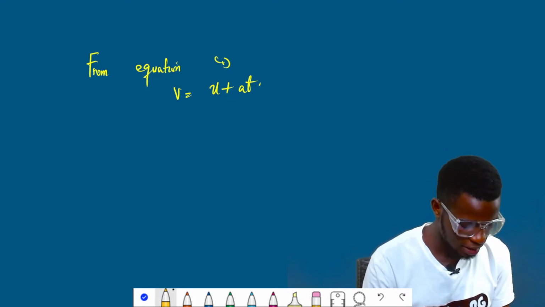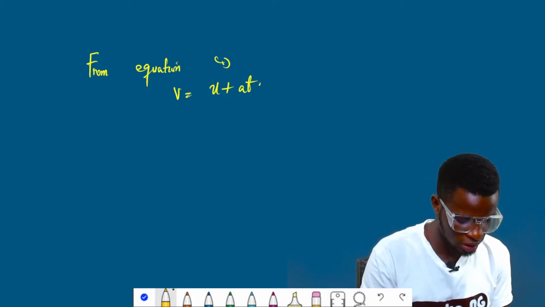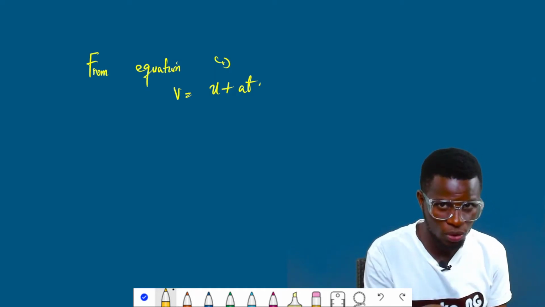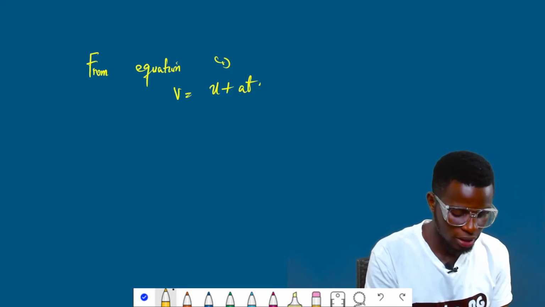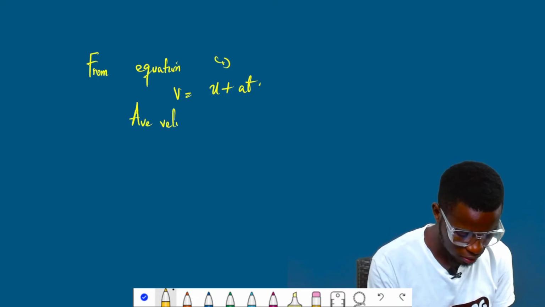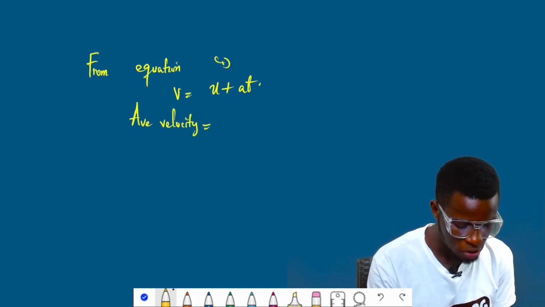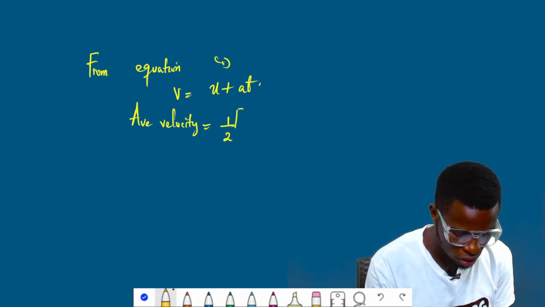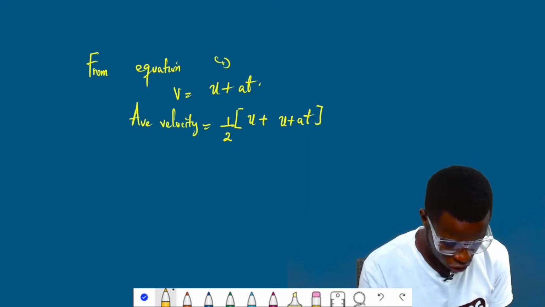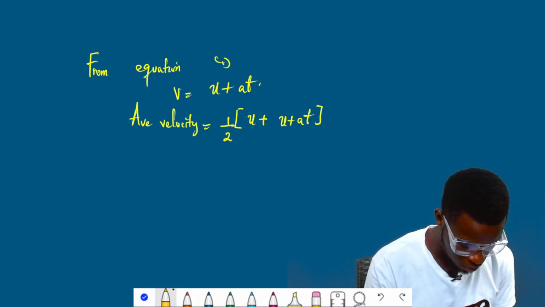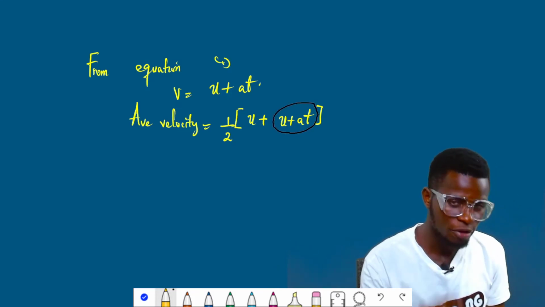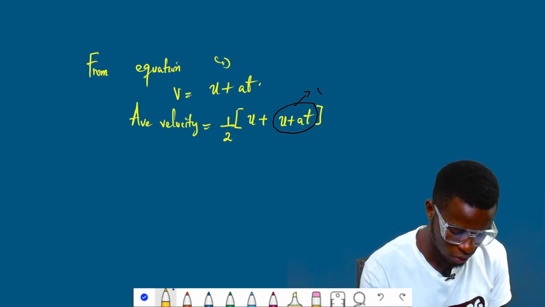All right, and our average velocity, if we decide to put equation 1 inside equation 2, okay, so if you put equation 1 inside equation 2, we have our average velocity will be equal to 1 over 2 into u plus at, where this is the first equation of motion, which stands for v.